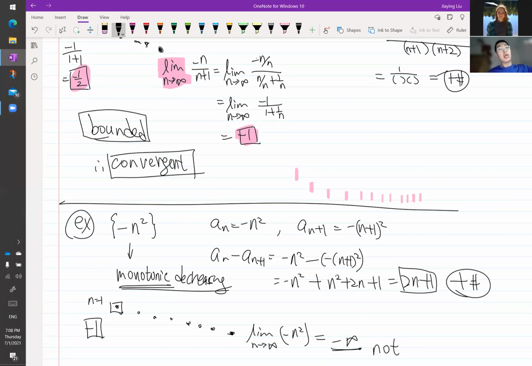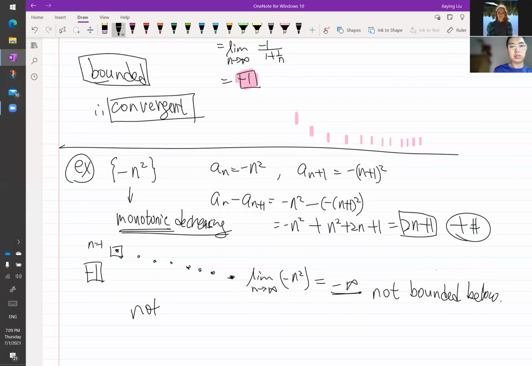So the sequence, since it decreases, is bounded above by negative 1, but it's not bounded below by a finite number. So it's not bounded. It's monotonic, but it's not bounded, therefore we cannot say it's convergent.